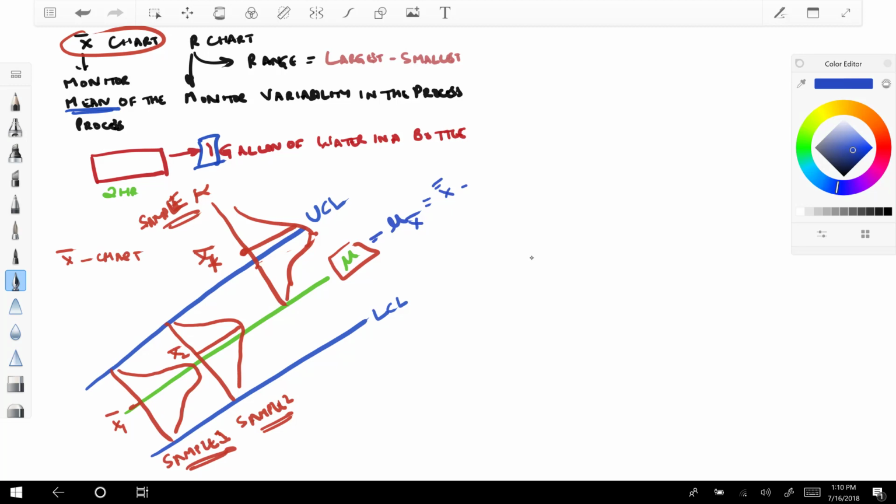This is equal to the summation of the different means divided by k. So that's the average: x1 plus x2 plus so on until xk, divided by k. Again, sample 1 means we are taking a sample of size n, so n is the sample size.